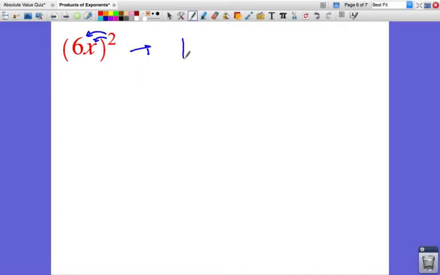So this is the same thing as 6 squared times x squared. Well, 6 squared is just 36. x squared, oh, we don't know what that is. That's still x squared. So this becomes 36x squared. This is still 36 times x to the 2nd power.